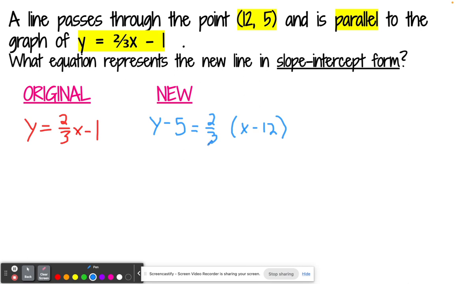Two-thirds times x is 2/3 x. Two-thirds times 12 is going to be 8. And it's negative because minus 12. And my last step will just be to add 5 to both sides.